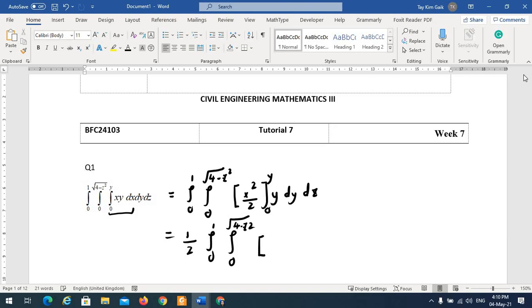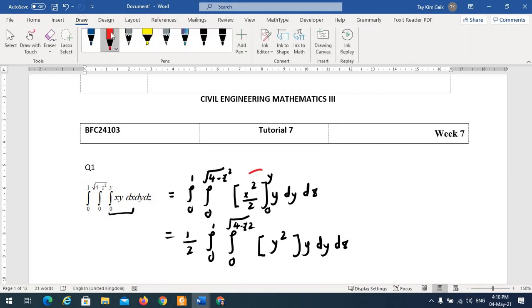You plug in the upper limit, you have y squared; you plug in the lower limit, minus 0, so you can skip that. Times y dy dz. Factor out the half, so you have y squared times y, which is y cubed.